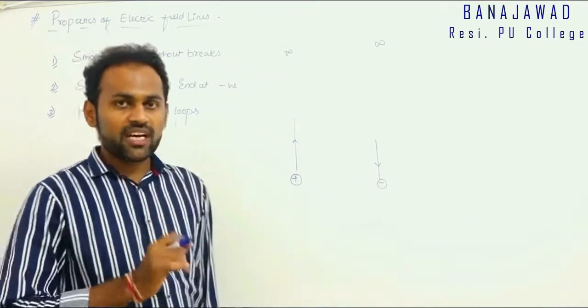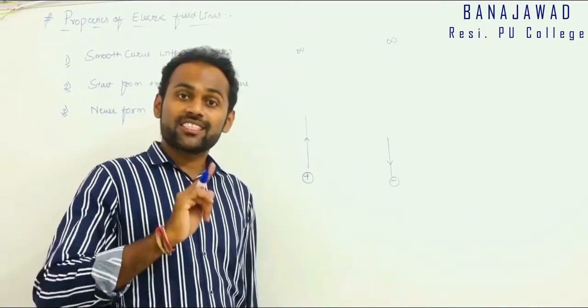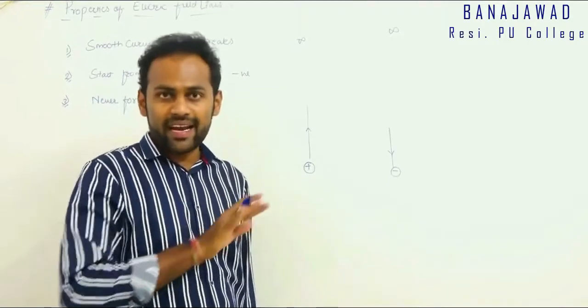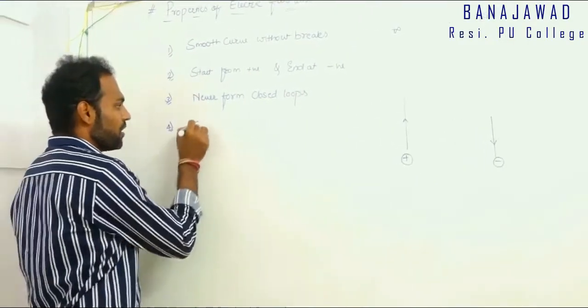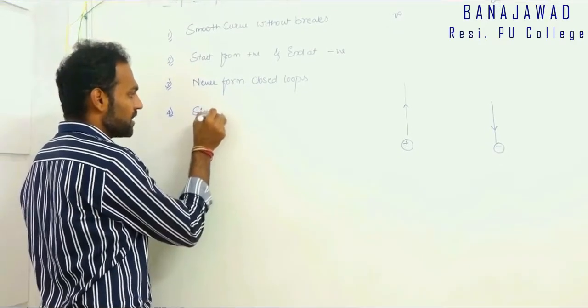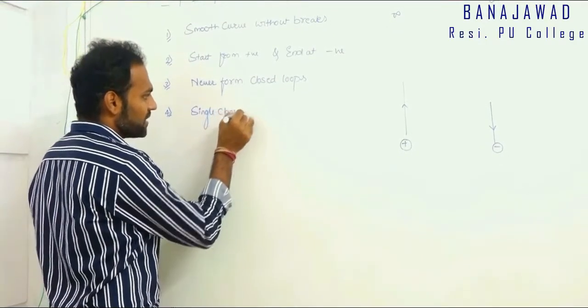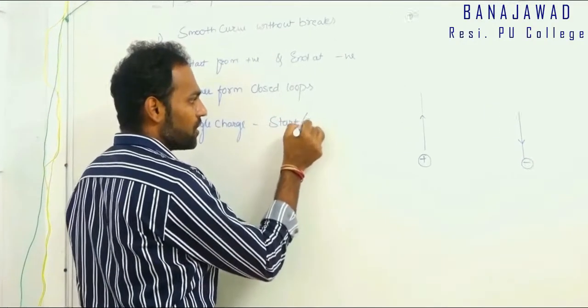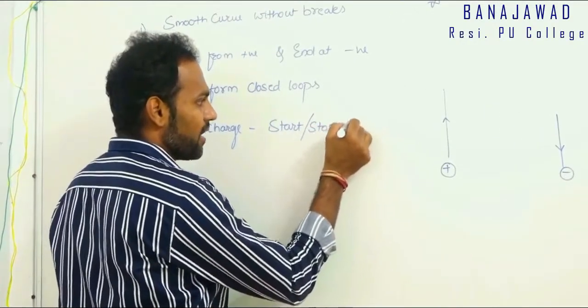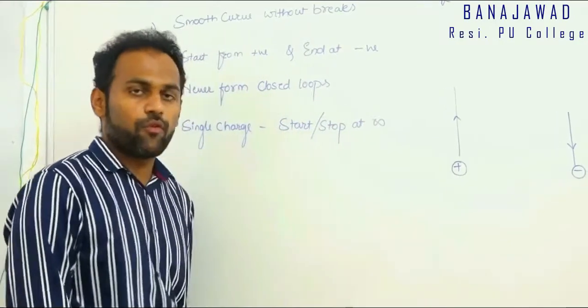So for a single charge, the field lines will either start or stop at infinity. Okay, this is the fourth property.